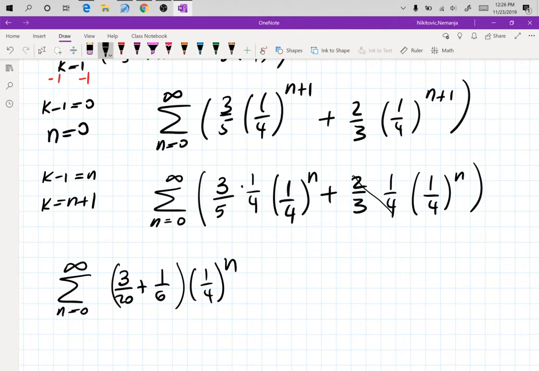As soon as I work out this common denominator here, I need a 3. Oh, don't tell me 60 is the lowest. Yeah, 60 is the lowest. Such is life. So that's going to be 33, right?